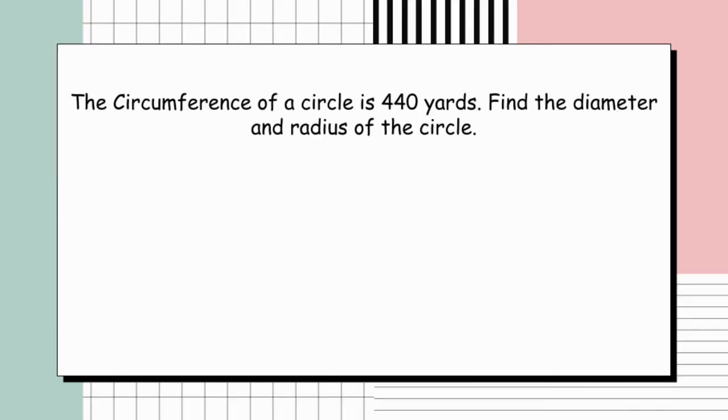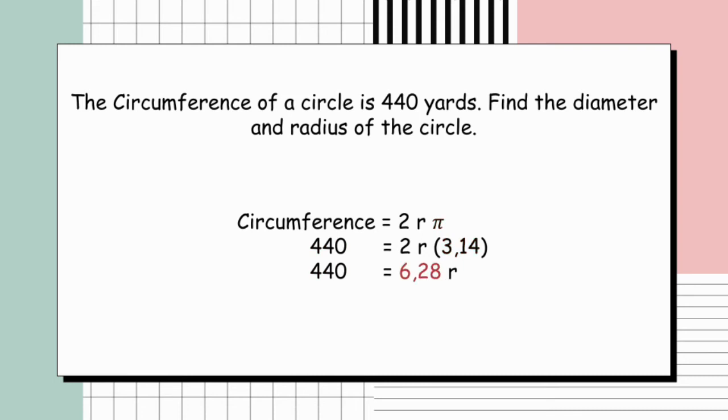The circumference of a circle is 440 yards. Find the diameter and radius of the circle. Circumference equals 2 times r times pi. 440 equals 2 times r times 3.14. 440 equals 6.28 times r.